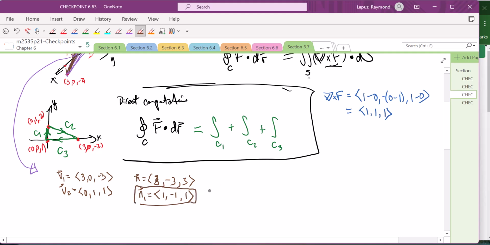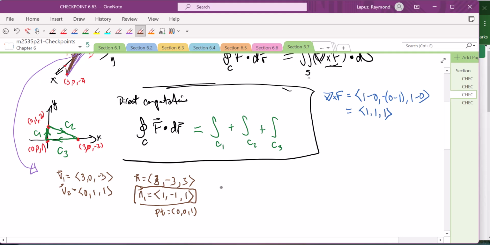And from here we can get the equation of a plane. We need a point and a normal, and our point 0, 0, 1 has more zeros than all the others, so let's use that.